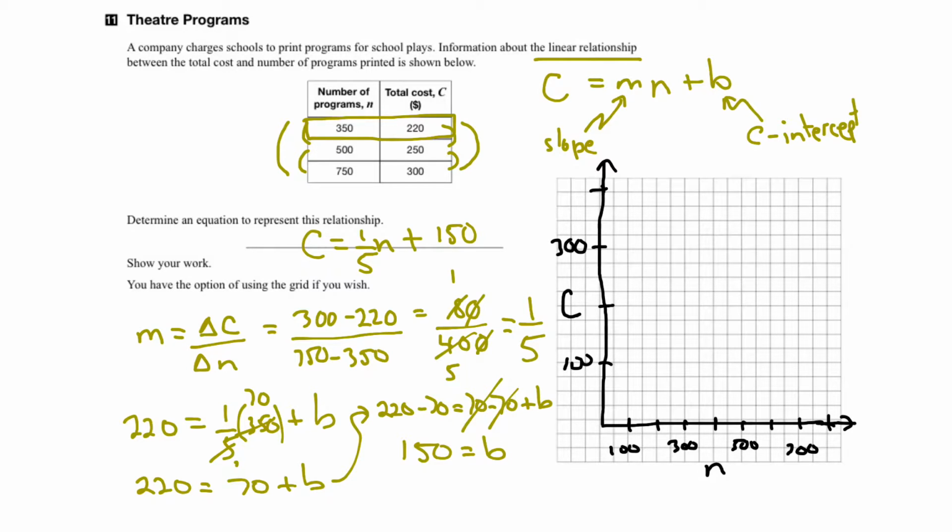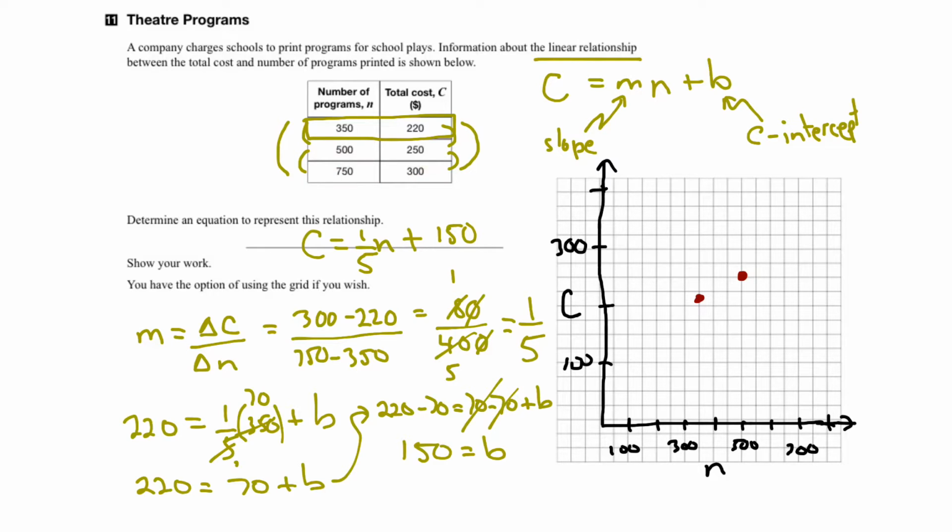So if we had 350 programs, the cost would be $220. So we can go to 350, which would be about here, and 220 would be all the way up to about there. And for 500 programs, we'd have a cost of $250. So there's 500, and 250 would be 200, 225, 250, about there. And finally, for 750 programs, the cost would be $300.